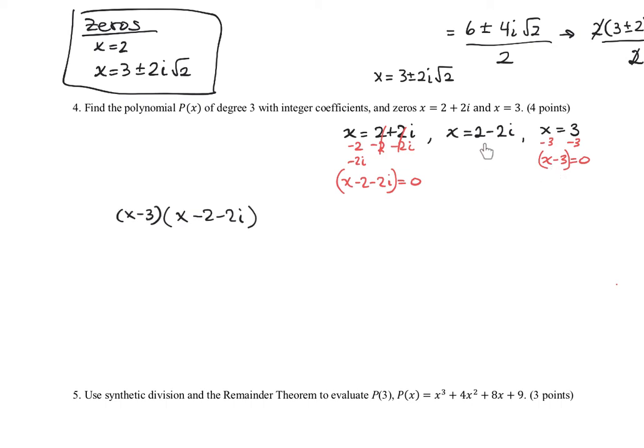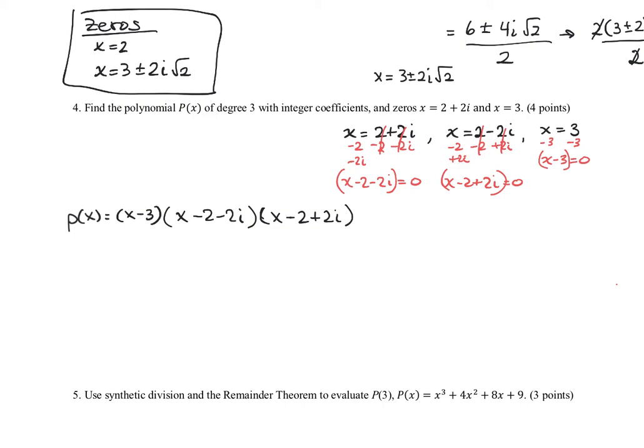And then here, if I subtract 2 and add 2i, I have x minus 2 plus 2i is equal to 0, so now that becomes the third and final factor. So this would be p of x in factored form.